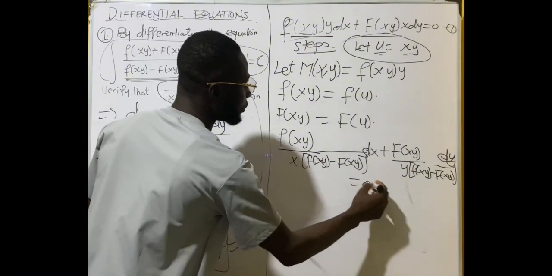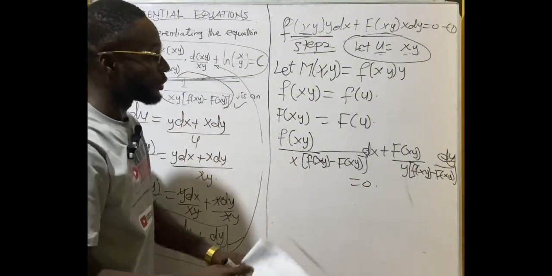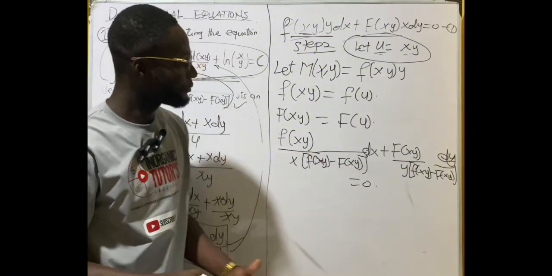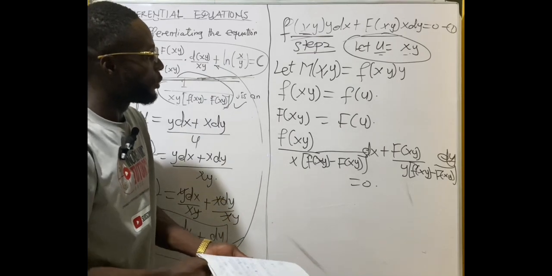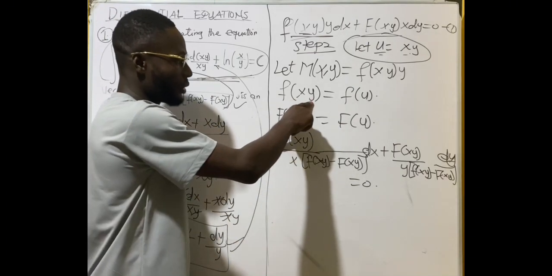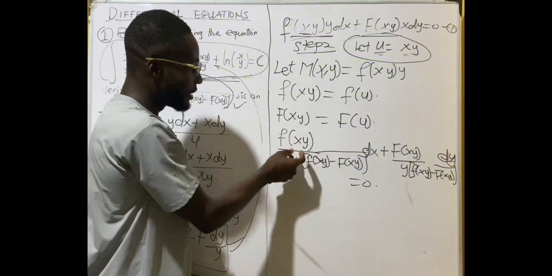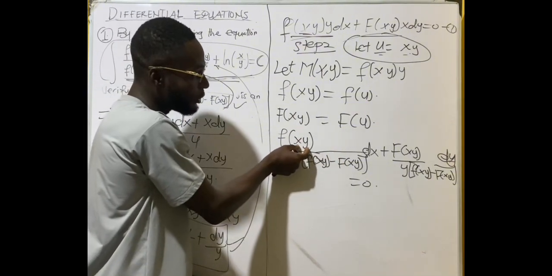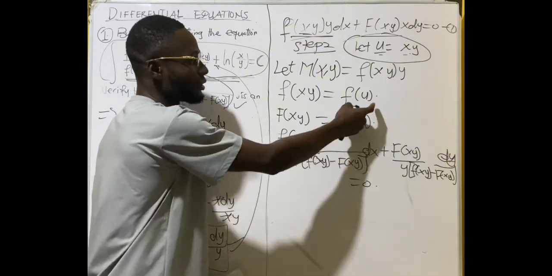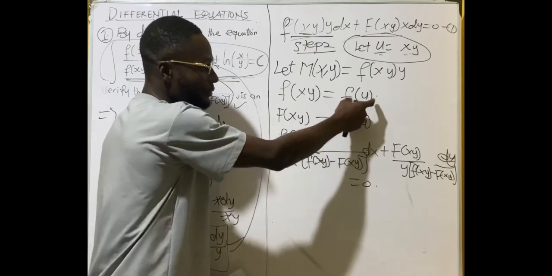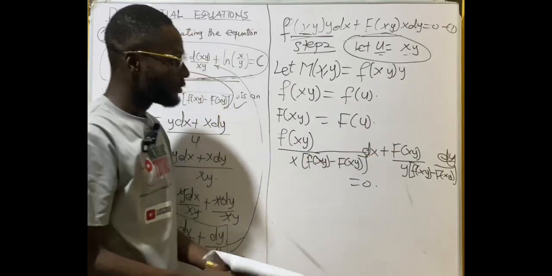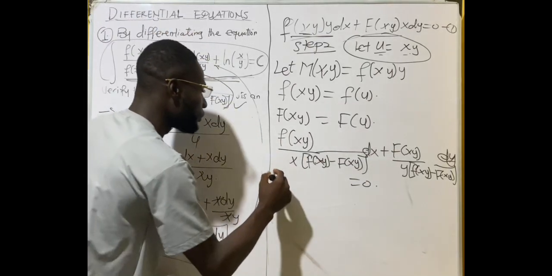And this is equal to what? 0. So this was our equation 1. Now, we've said that f of xy should be equal to F of u. So wherever we see xy, f of xy, put F of u. Same thing applies to the big F of u. So we're going to put that there.